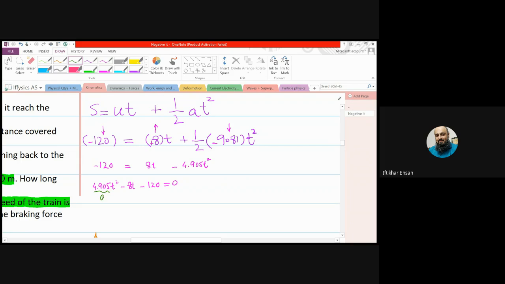So this will be the A, minus 8 will be the B, and minus 120. So you will get two answers for t. One will be negative, the other will be positive. And as time is never negative, you will reject the negative answer, and the positive answer will be 5.8203 seconds. Right? Clear? Can you note it down, please?